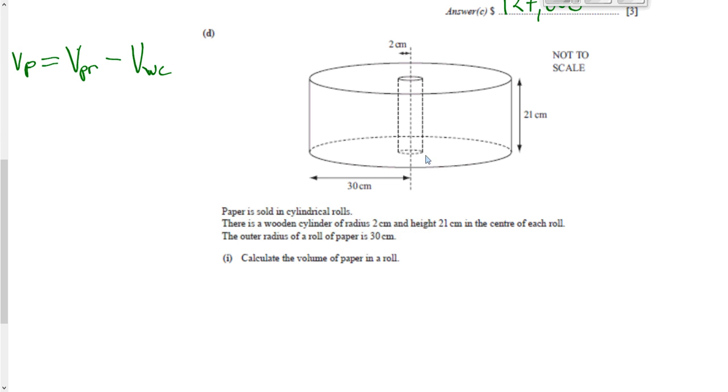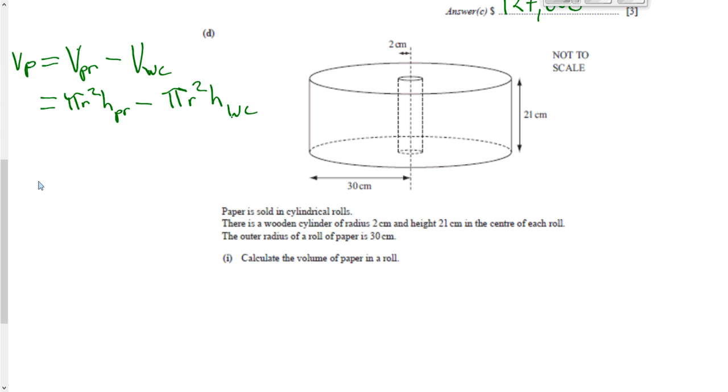The base of both of these cylinders is circular, so it's the area of a circle, pi r squared, times the height. That's for the paper roll, minus pi r squared times the height of the wooden cylinder, the one in the middle.